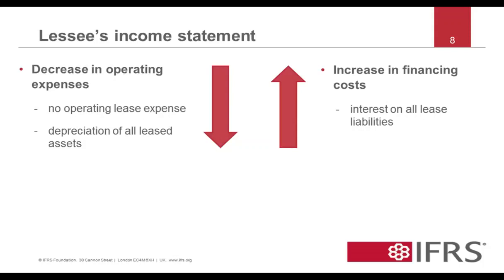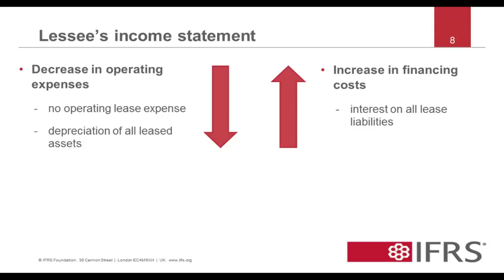Depreciation charges will be recognized similarly to those on other non-current assets and will typically be recognized on a straight-line basis. This means that for an individual lease, the overall income statement expense will be higher in the early years of a lease and lower in the later years.